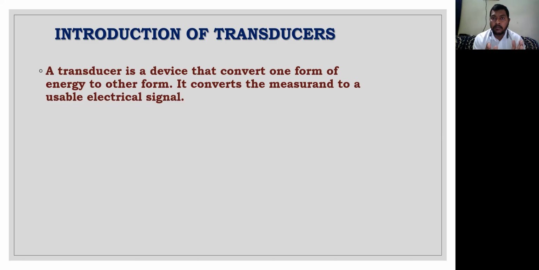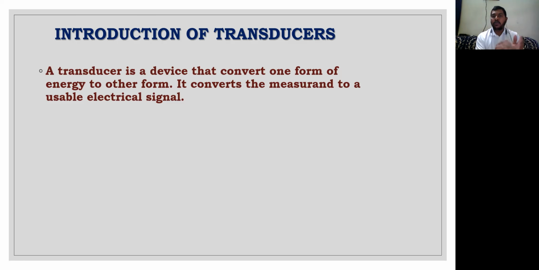So, for example, you might be knowing the temperature, which is supposed to be the physical quantity. Now, this temperature is to be converted by some device into its equivalent electrical parameter, right? Electronic parameter, like voltage, resistance, capacitance, anything it might be, but it should be the equivalent of that particular parameter, say the temperature.